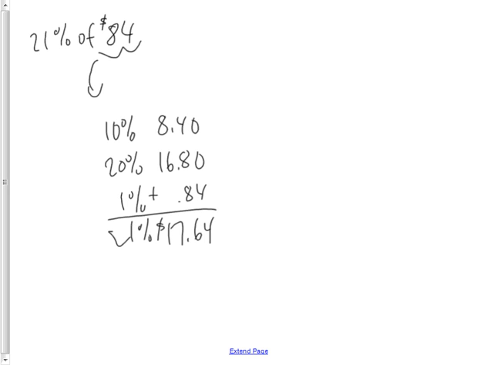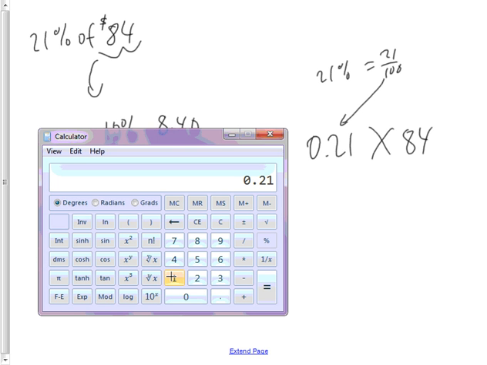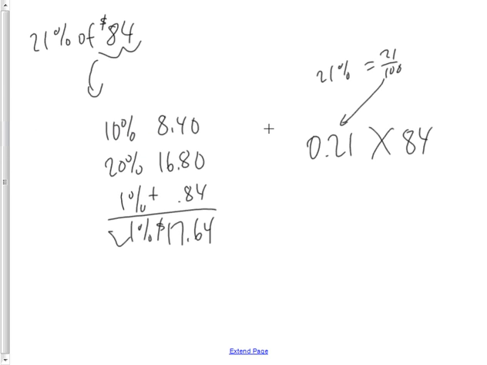But if you simply use the calculator, 21% is 21 hundredths, which is 21 hundredths of $84. A calculator would tell you that 21% of $84 is $17.64. Okay?